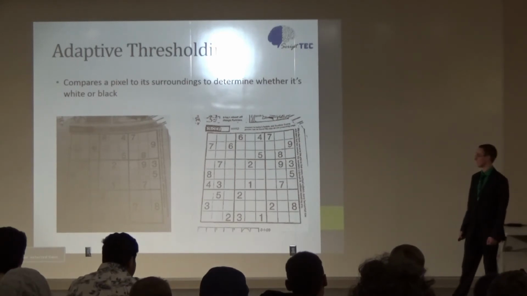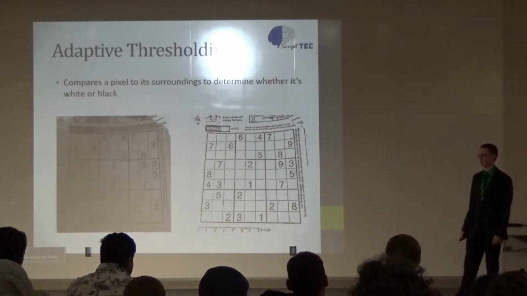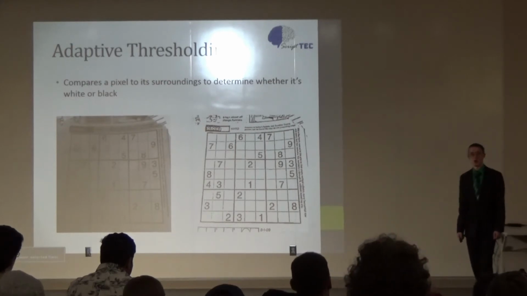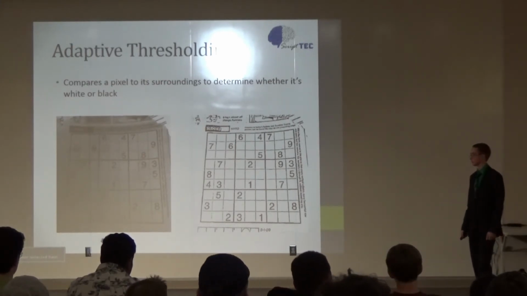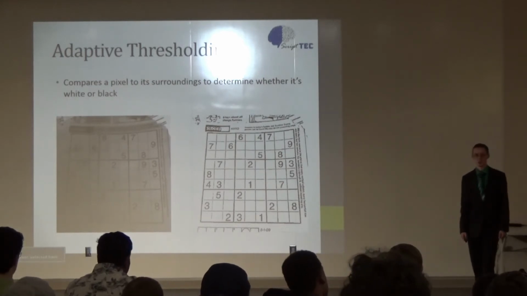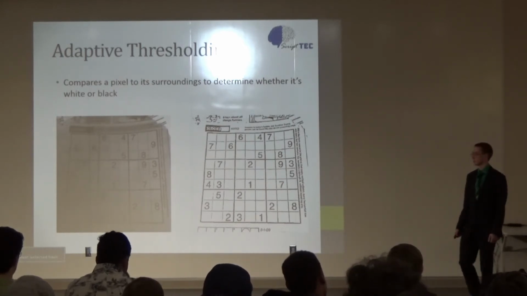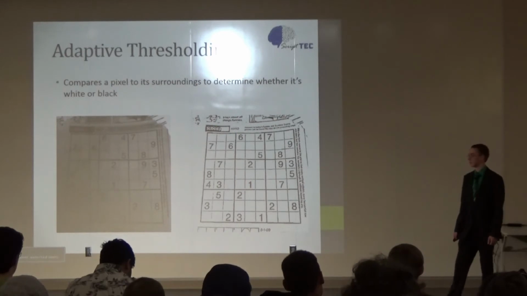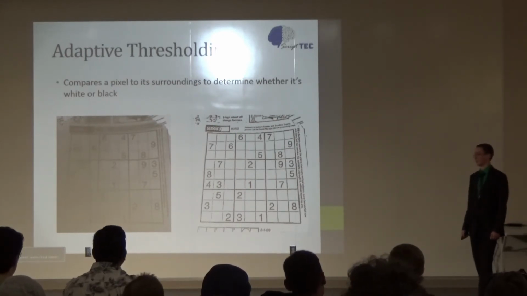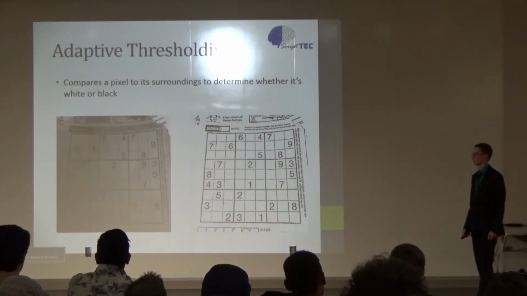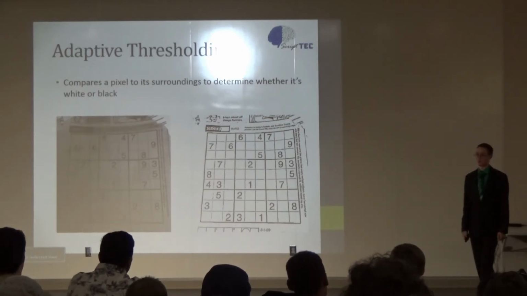If it's looking at a 10 by 10 region around the pixel, and that's a 100 by 100 image, that's a lot different from a 3000 by 3000 image looking at a 10 by 10 region around the pixel. Because I wanted to keep the same proportion of pixels compared, I had to develop a formula that accounted for the image size to change the amount of pixels being looked at for adaptive thresholding.